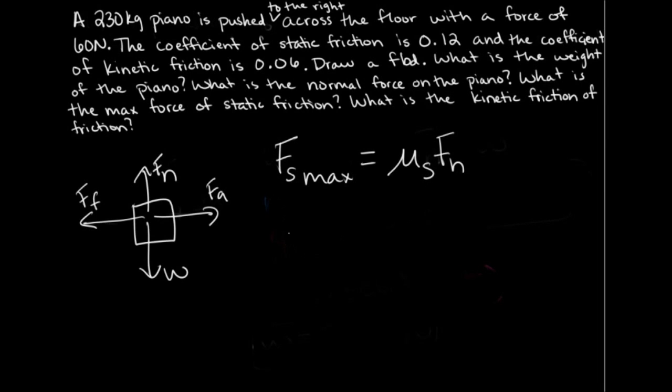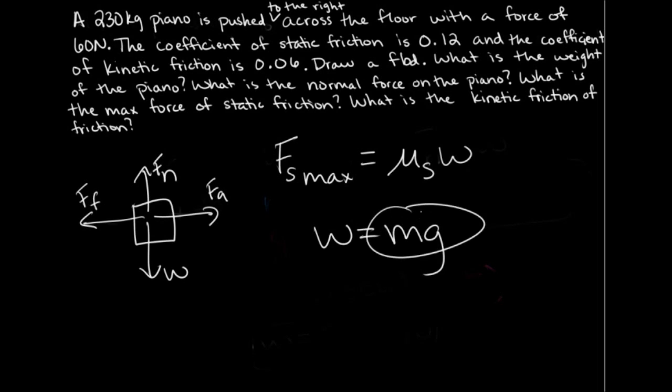We know that normal force equals weight, so we can substitute W in for Fn, the normal force, in that equation. So the maximum amount of static friction equals the amount of static friction times the weight. Well, now I also know that weight equals the mass times gravity. So once again, I'm going to substitute mass times gravity in for weight.